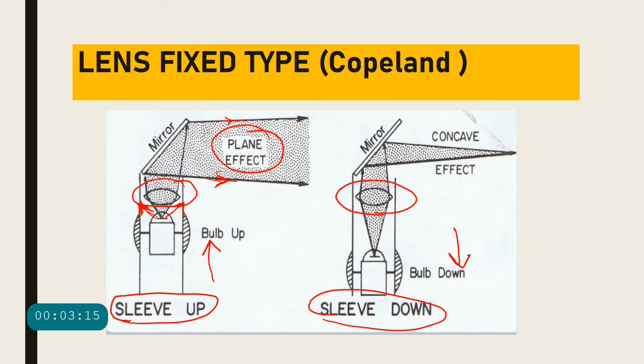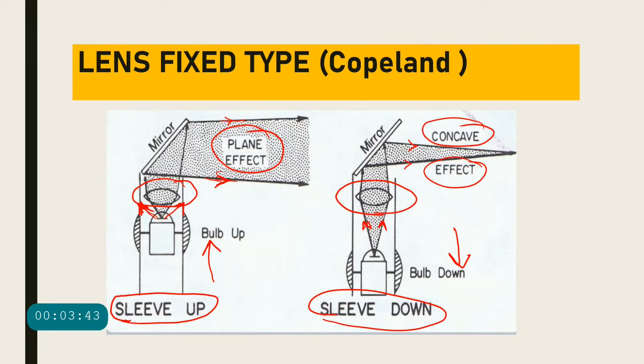Similarly, if you move the bulb down, what happens? The distance between the lens and the bulb will increase, and as I told you, as the object moves far, the rays going towards the lens will become more converging, and therefore the rays coming after reflecting from the mirror also will be more converging, and this is called the concave effect.